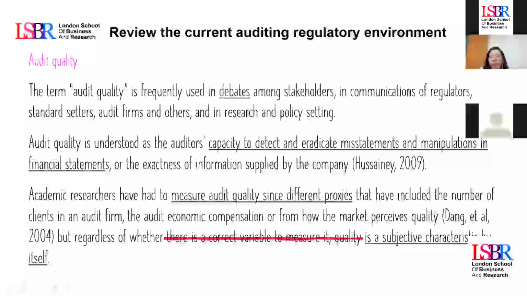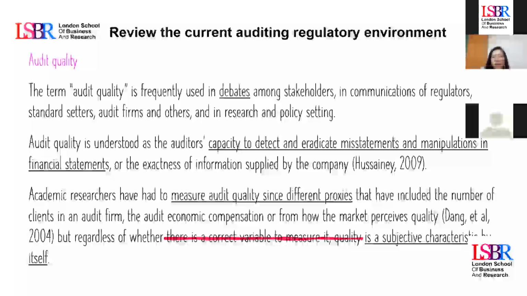But for example, one author, Husseinen, said that for him, audit quality is the capacity to detect and eradicate misstatements and manipulation in financial statements. That is not bad. This is true, but this is according to the eyes of this author. But again, quality is a very difficult concept to explain, a very huge concept to explain.